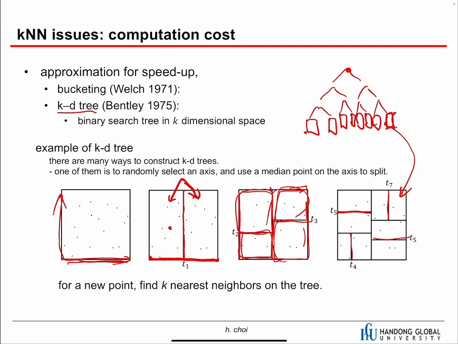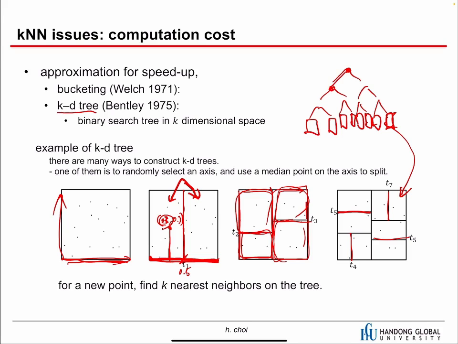Then we know this axis is used to split, and we check the value here. We know that when we split, we used some specific value. Let's say this one is 0.5, and this one is 0.3, and this one is 0.7. Since the value is 0.3, let's go to the left subtree.